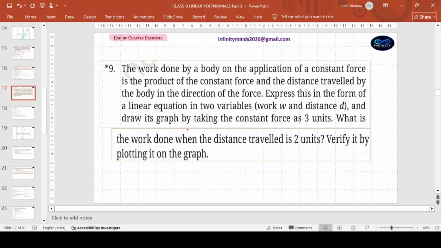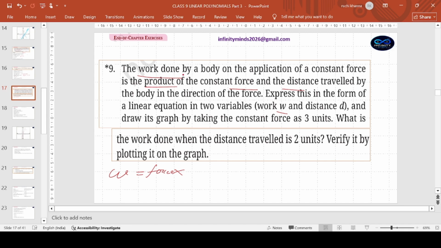Okay. It is simply saying work done, that is W, is equal to the product, so multiplication, of force, that is force, or you write a capital F, and the distance. Try to get the main words.